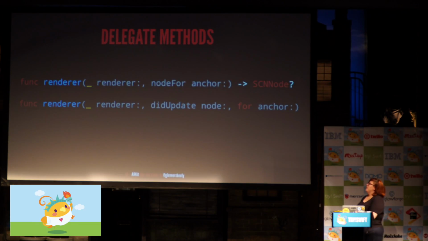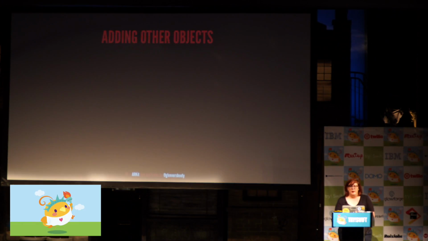So those are the really, really important methods. There are a couple of other delegate callbacks that you can choose to implement. Important information is that ARKit handles the nodes for this, so you don't have to worry about bookkeeping or anything.